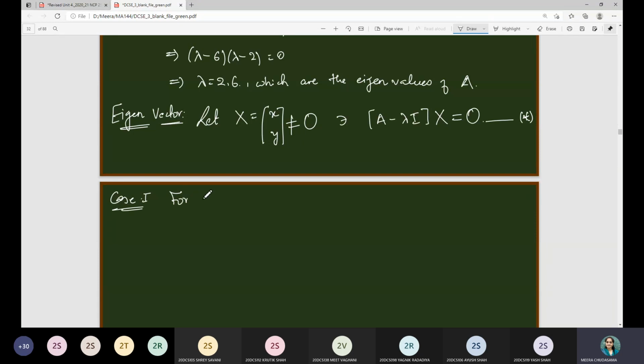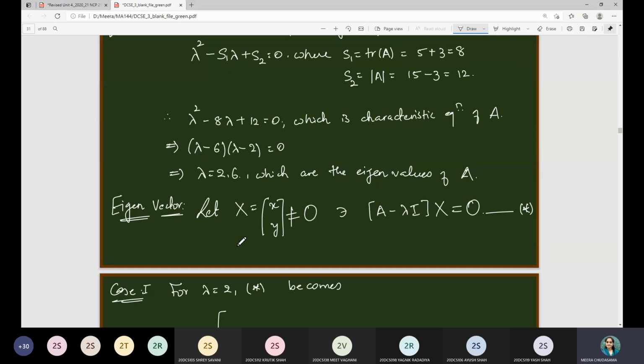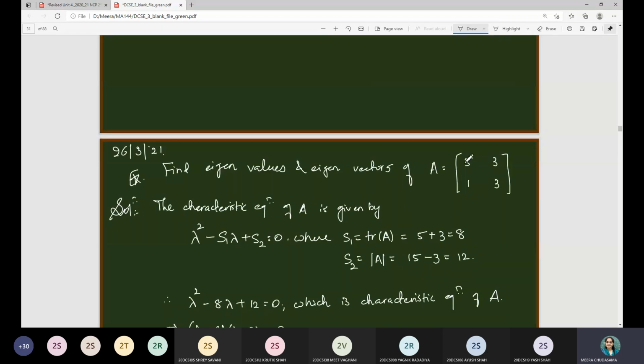For lambda is equal to 2, that is the first eigenvalue, star becomes A minus lambda I, where lambda is equal to 2. In the original matrix the diagonal elements will be subtracted by 2, so this will become 5 minus 2, that is 3, 3, 1, 3 minus 2, that is 1.